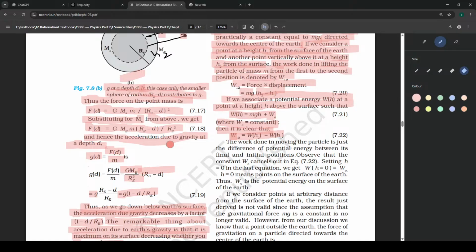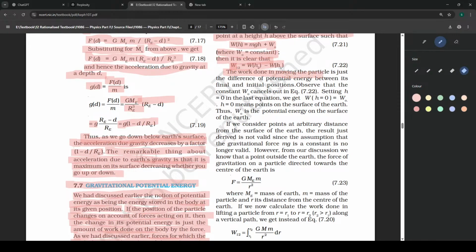Let's assume we associate a potential energy W_h. The potential energy at a height h is W_h, which equals mgh plus W naught, where W naught is a constant. Then W12 equals W_h2 minus W_h1.